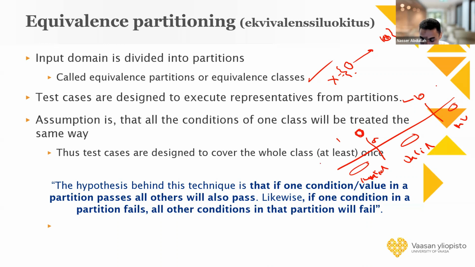For example, this is the minus, right? Because it is invalid: any number before 0. So if we select -1, it's similar if we select -10. This is the assumption: if we test -10, the result will be the same as -1. The same thing if we select any number from 0 to 10, it will be the same. The same thing if we select more than 10.